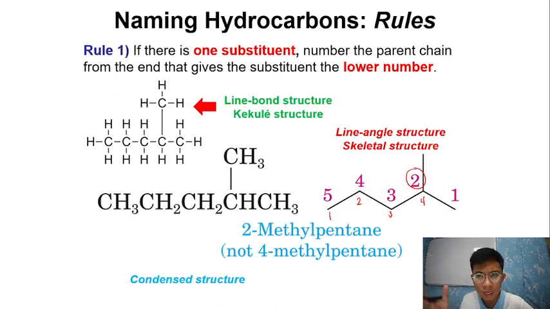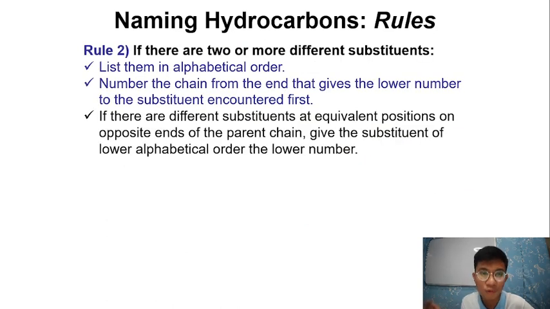Again, the key takeaway sa rule number 1 ay mag-start sa end kung saan mas mabibigyan mo ng mas mababang number yung substituent. Okay. Rule number 2. So, if there are 2 or more different substituents, this time, you will list them in alphabetical order. Okay?